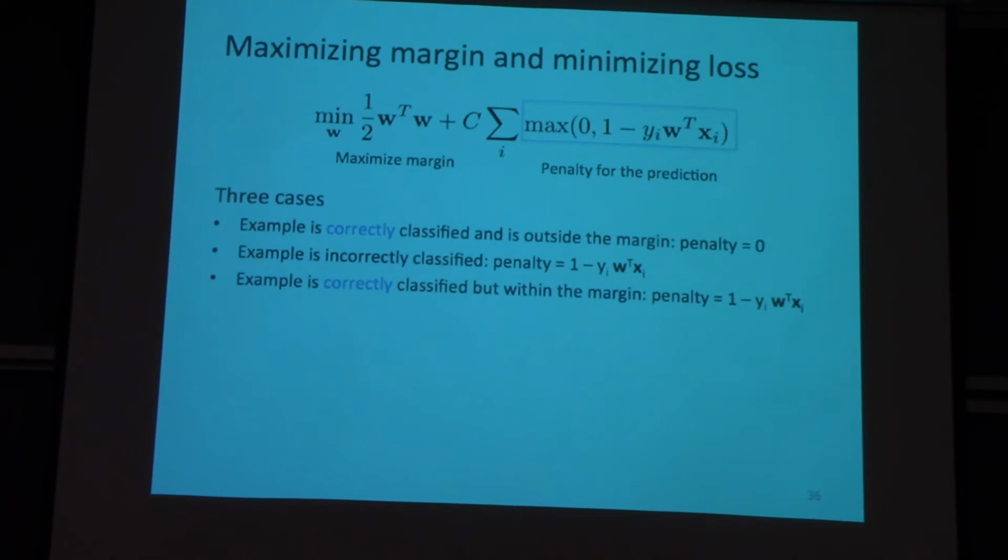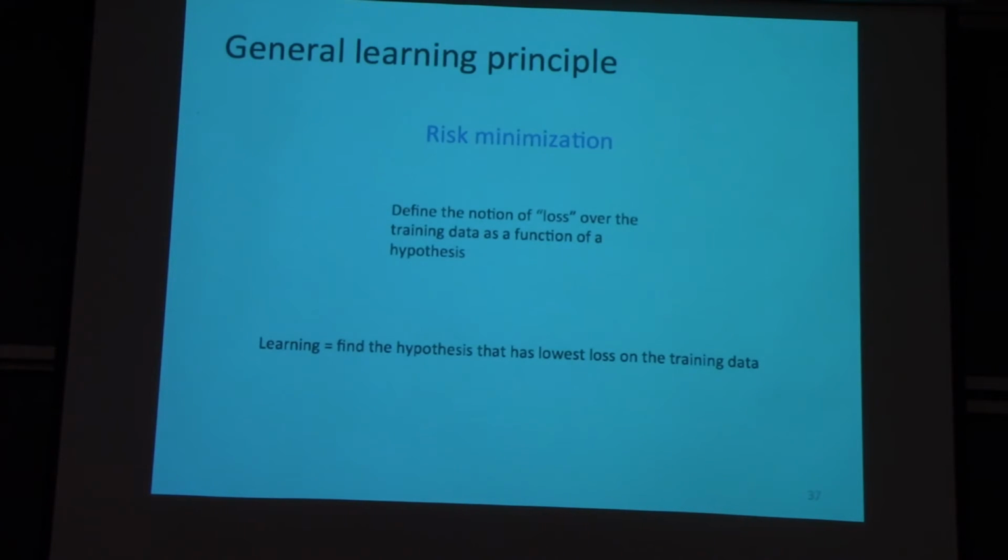The second term is penalty we want to minimize, or the loss we want to minimize. So this is an example of a general learning principle, which is called risk minimization. Risk is just the same thing as loss. It means we try to minimize the loss over the training data sets.